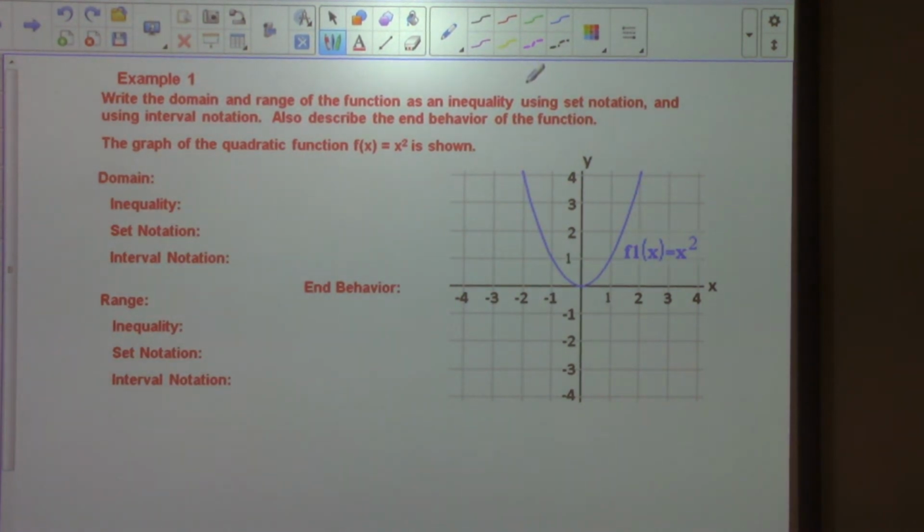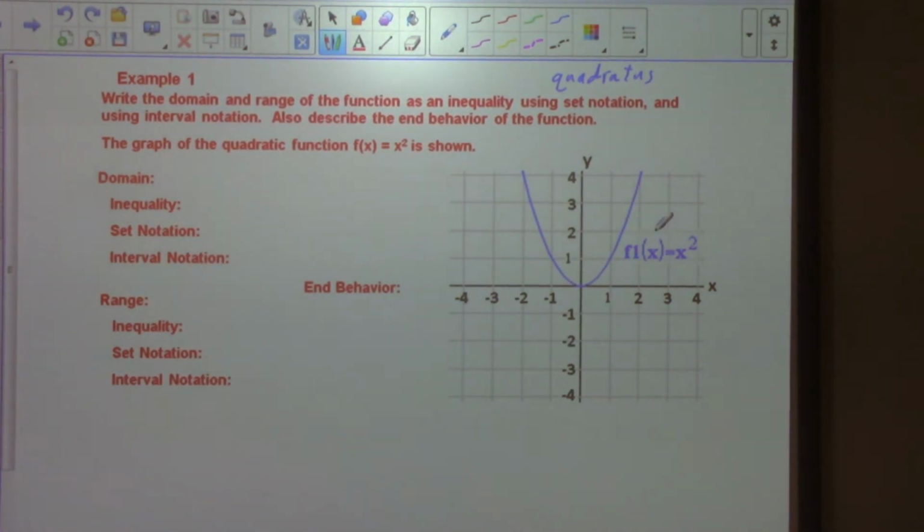I'm going to write down a Latin word. It's the Latin word for square, quadratus. Quadrilateral. So what kind of function is this? Quadratic. This is a quadratic function.